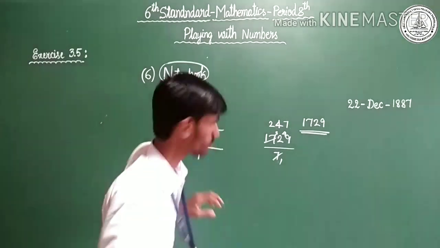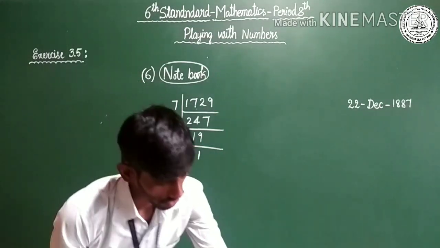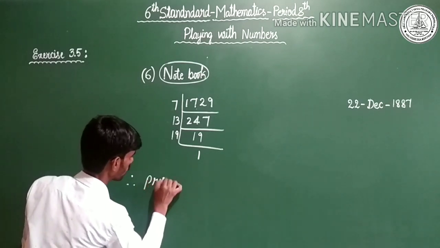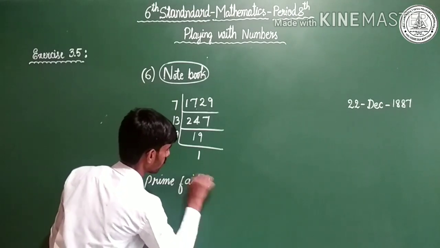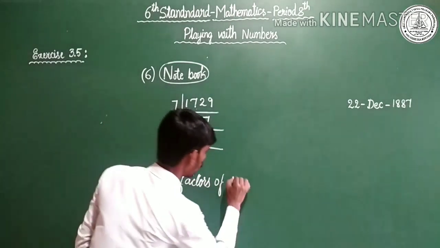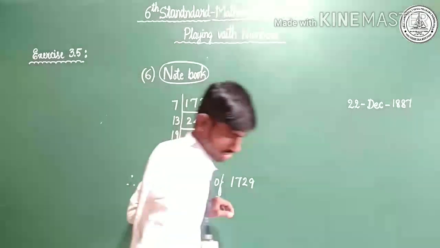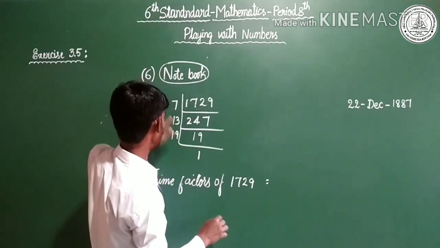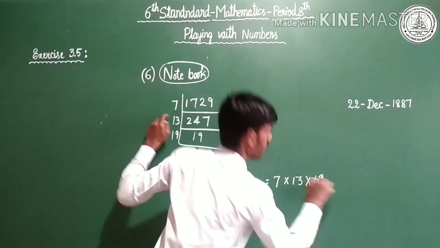Therefore, prime factors of 1729 is 7 into 13 into 19.